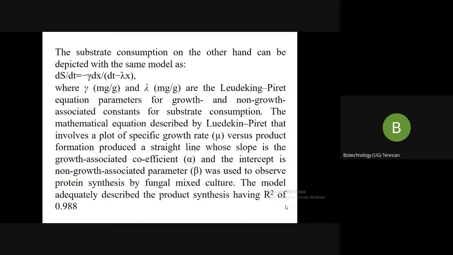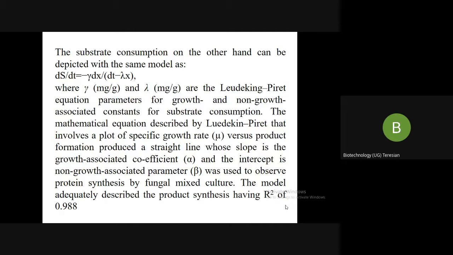Maybe it can be your monoculture cultivation of filamentous fungi when you're using submerged fermentation or solid state fermentation. You can use it even to identify, okay, the model was suitable to identify the kinetic constant of mixed fungi during your submerged fermentation.